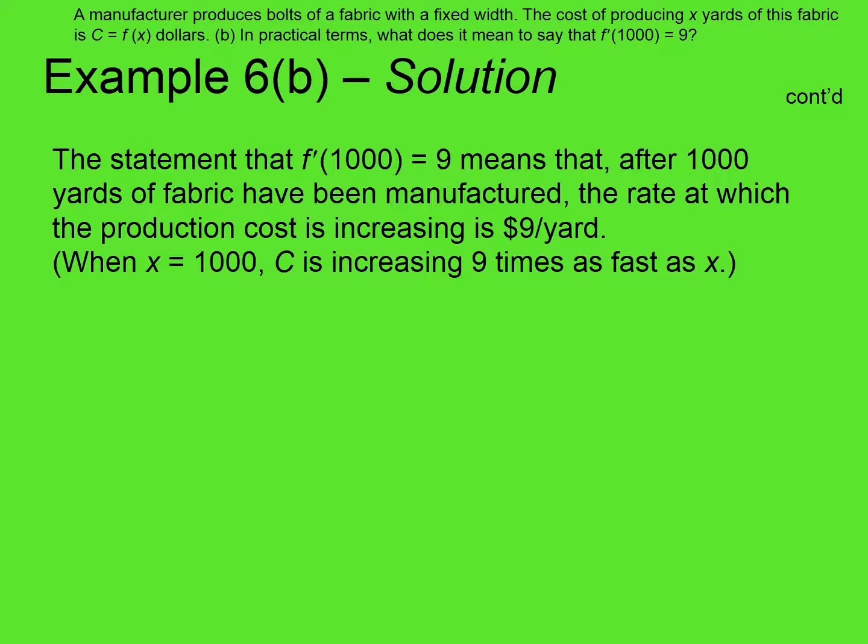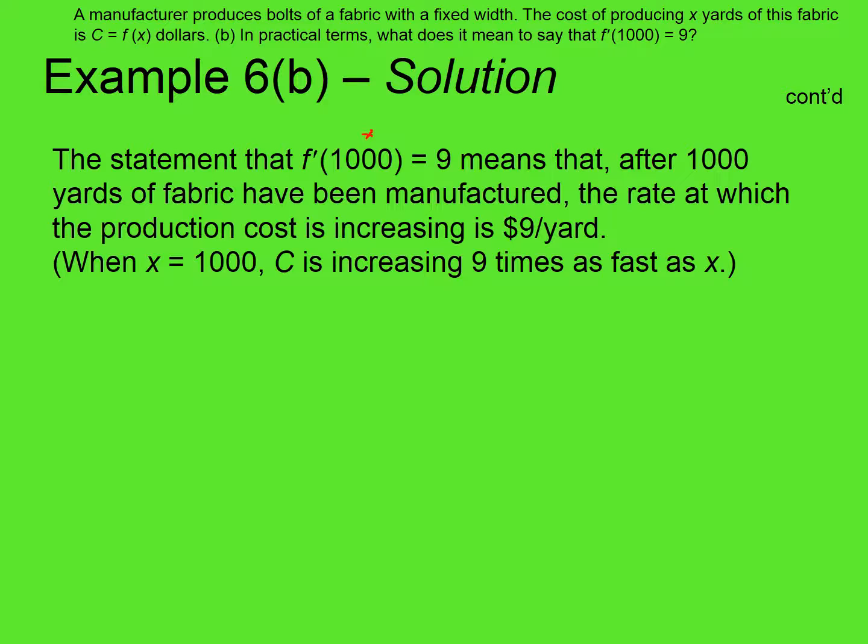After 1,000 yards of fabric have been manufactured, that's x, right? So we have just done the 1,000th yard. The rate at which the production cost is increasing is $9 per yard.